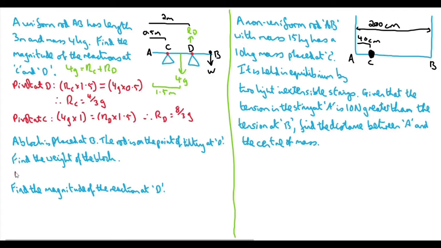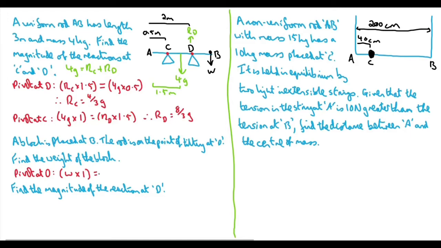So if we say that we pivot at D, the clockwise moment, as I say, will be this W, because it's going to make the rod spin this way around. So W times by, if the whole thing is 3 meters and AD is 2 meters, that just leaves D to B being 1 meter.